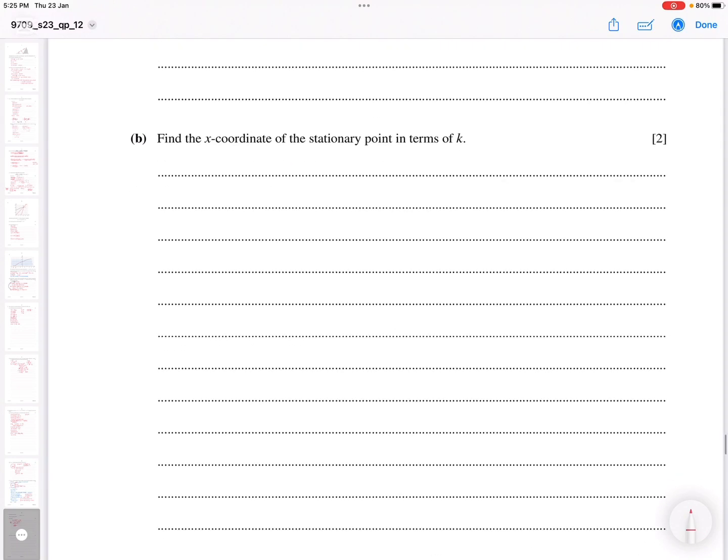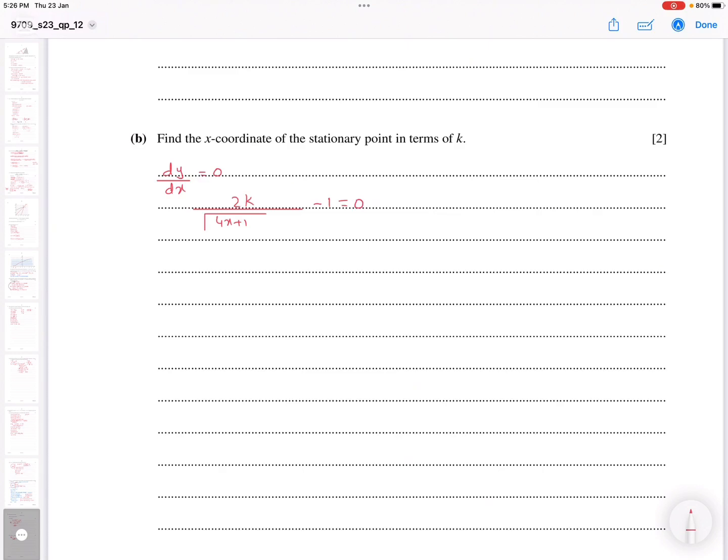Find the x coordinate of the stationary point in terms of k. As we know, at a stationary point dy by dx is always equal to 0. So can I write 2k over the square root of 4x plus 1, minus 1, is equal to 0, because this was the differentiation part.